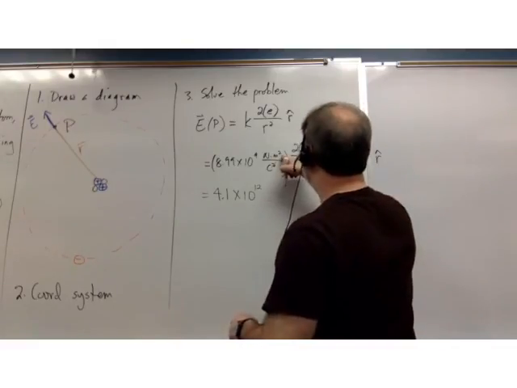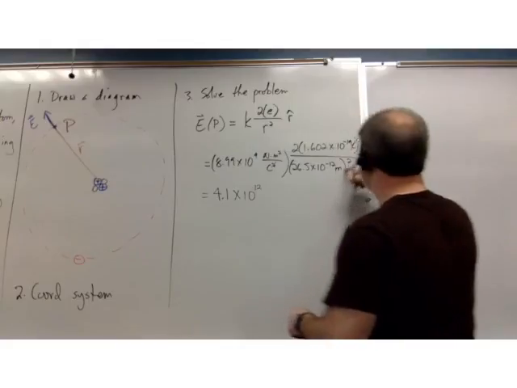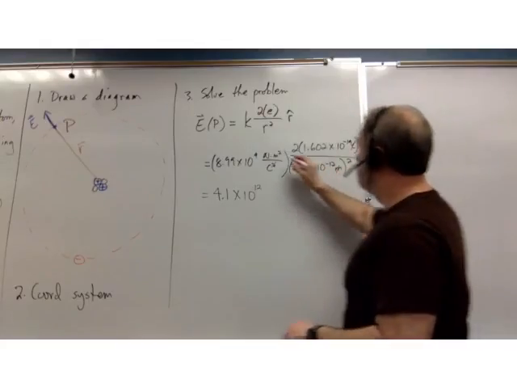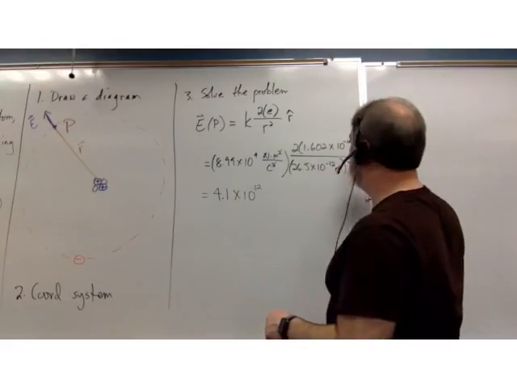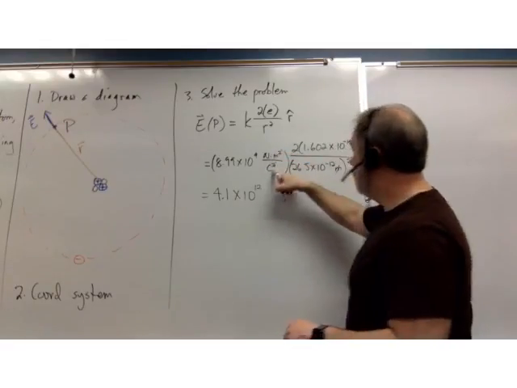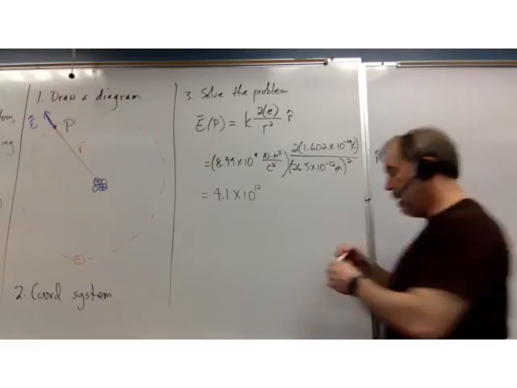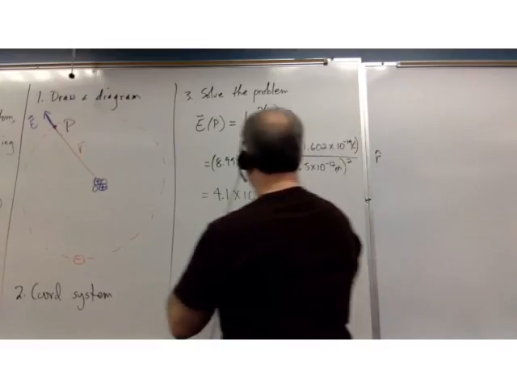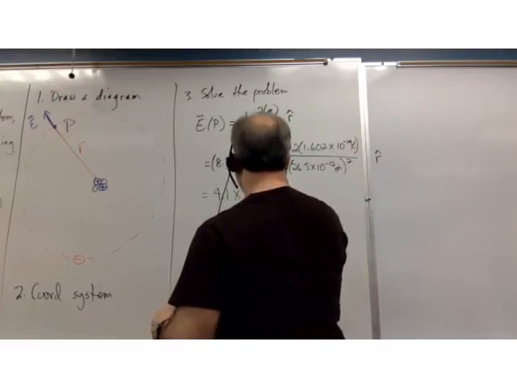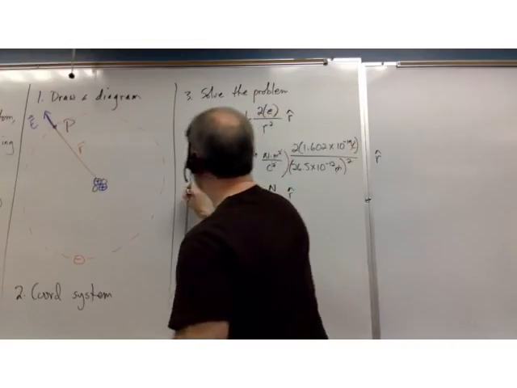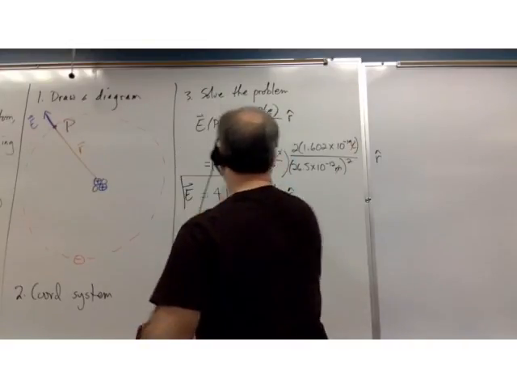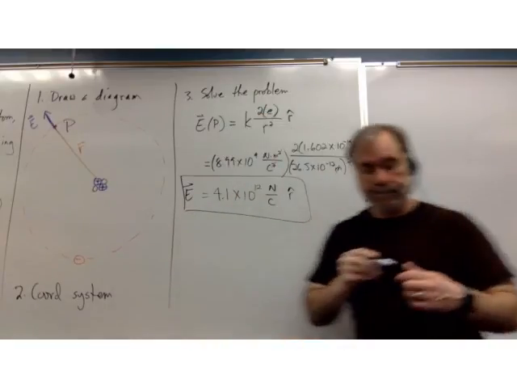We have meters squared in the numerator and meters squared in the denominator, so those cancel out. And so we're left with newtons over coulombs. And so that's indeed the units of the electric field. And it points in the radial direction. Okay.